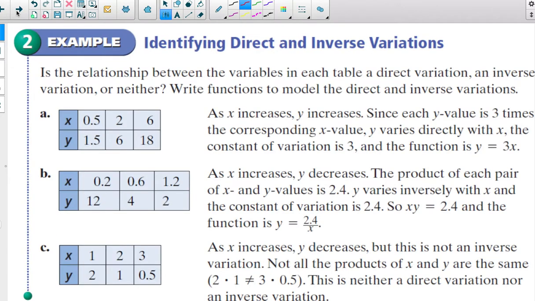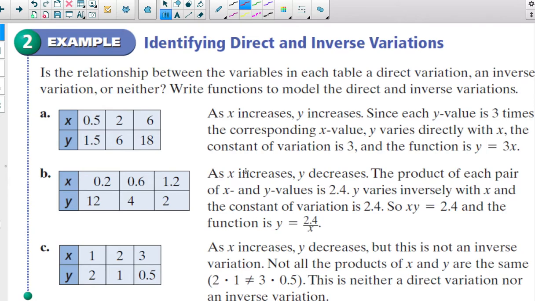All right, example 2, identifying direct and inverse variations. So now, is this relationship direct, inverse, or neither? You have to find that out by using y equals k over x, or y equals k times x.